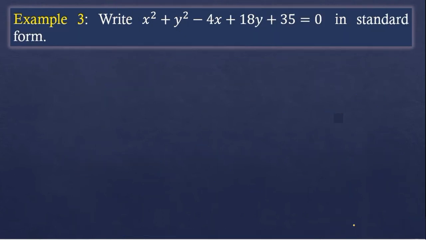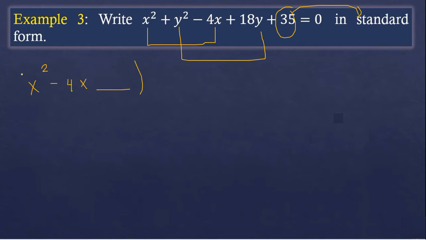Next, x squared plus y squared minus 4x plus 18y plus 35 is equal to 0 in standard form. Again, pagsamahin natin yung parehas ang kanilang mga variable. Yung 35 na yan, ilalabas natin. Okay? So, x squared negative 4x, plus y squared plus 18y.